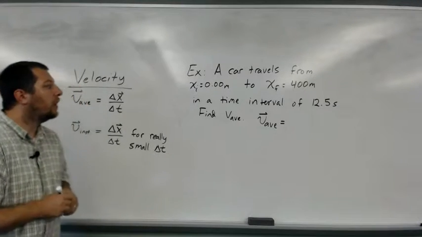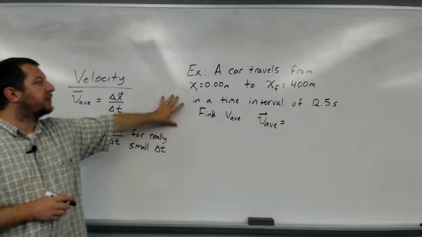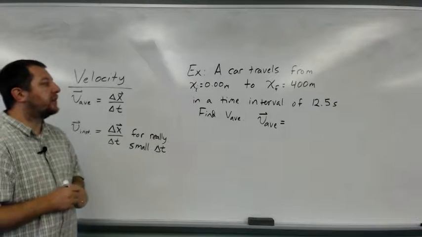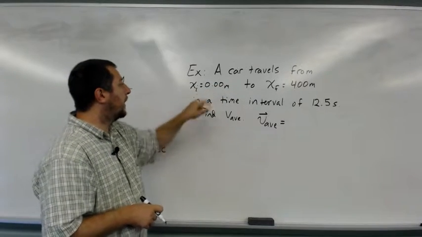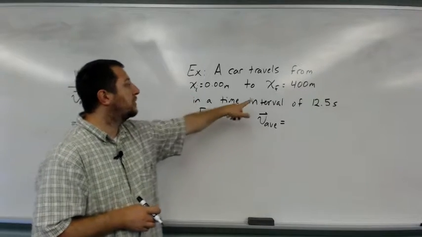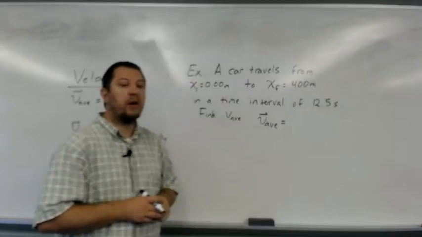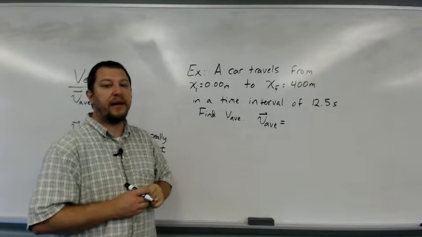So let's do a quick example here, and we're going to find the average speed of this car. So we have a car traveling from x equals 0 meters, x initial is 0 meters, to xf is 400 meters, in a time interval of 12.5 seconds.